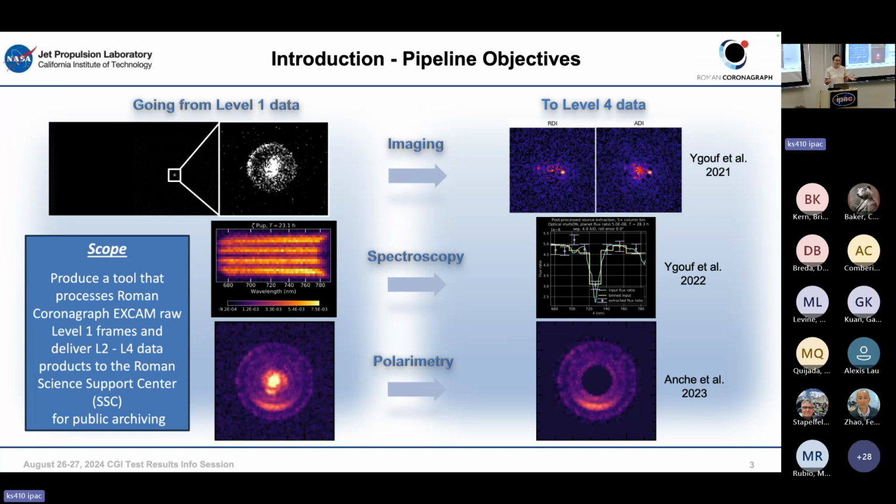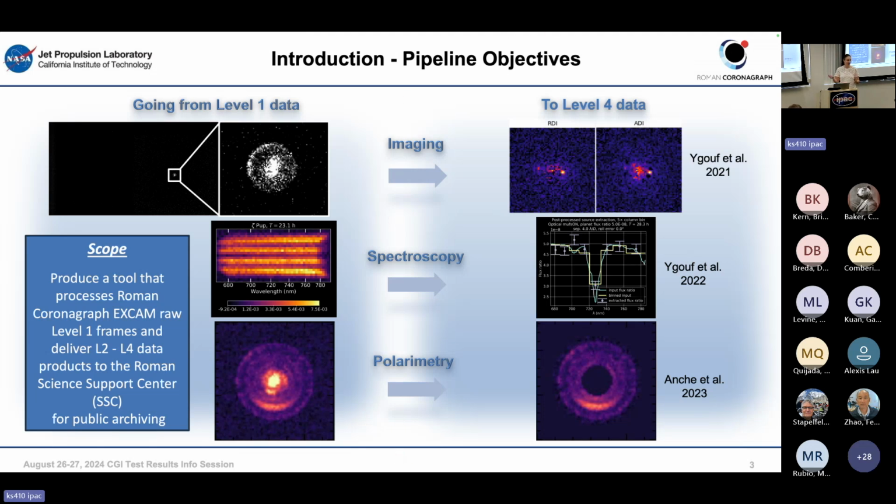So the objective of the DRP is to produce a tool that processes Roman coronagraph Excalibur level 1 frames and delivers L2 to L4 data products to the SSC for public archiving. Basically, our goal is to go from here to here, level 1 data to level 4 data.